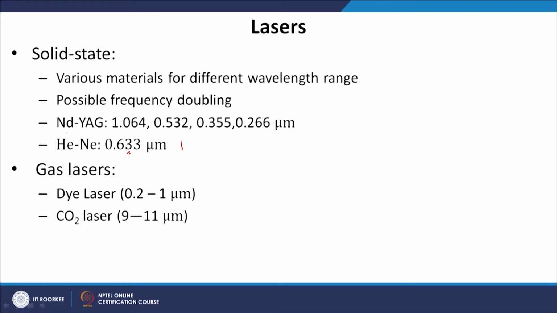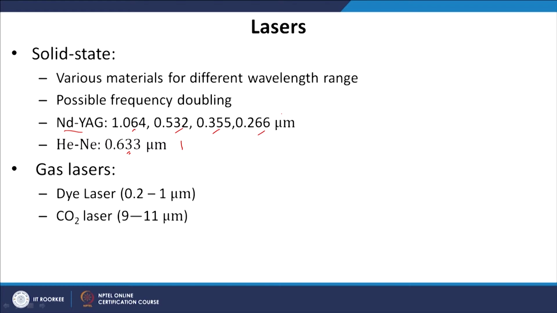These may be like helium neon laser, which has a wavelength of 0.633 micron, but we can also have Nd YAG laser, which basically is available in a number of wavelengths, starting from 1.064 micron, 0.53, 0.355, 0.266 micron.